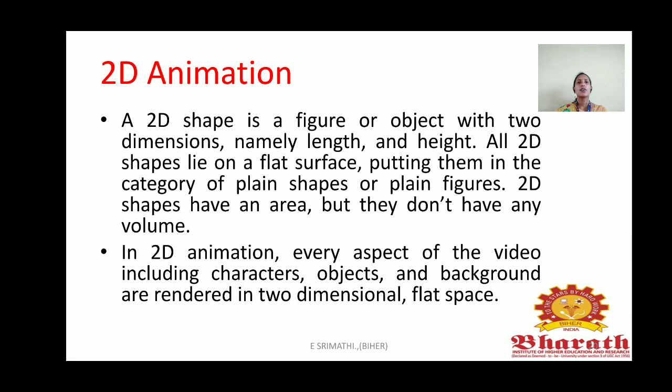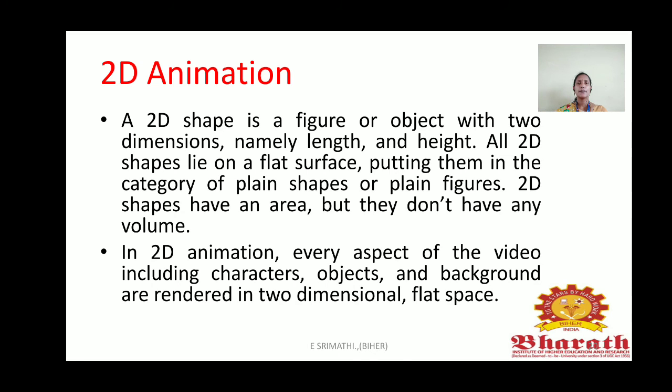And next is called 2D animation. We all know that in olden days, all the cartoon images, games and applications have been developed with this 2D animation, but it mainly contains length, that is height and width only.